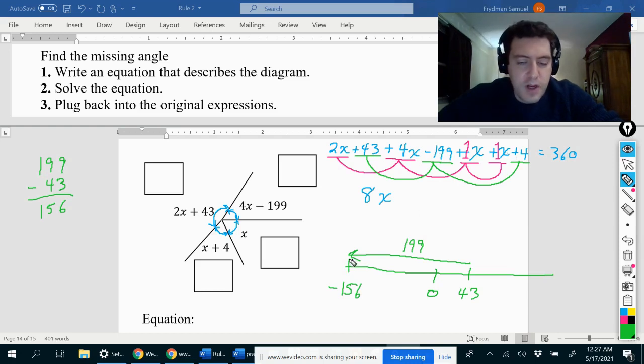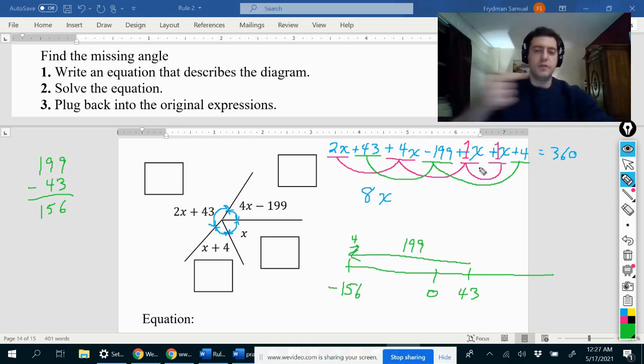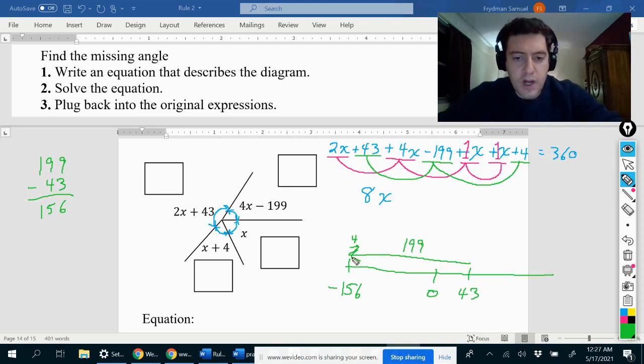So I'm at negative 156 over here. If I go 4 spaces back to the right, because I'm adding 4, where would I end up? That would put me at negative 152. So after combining these terms, we get negative 152. So let's write minus 152 and then equals 360.